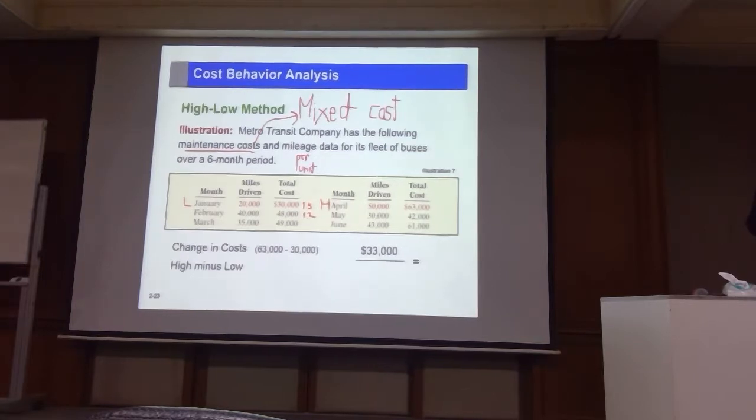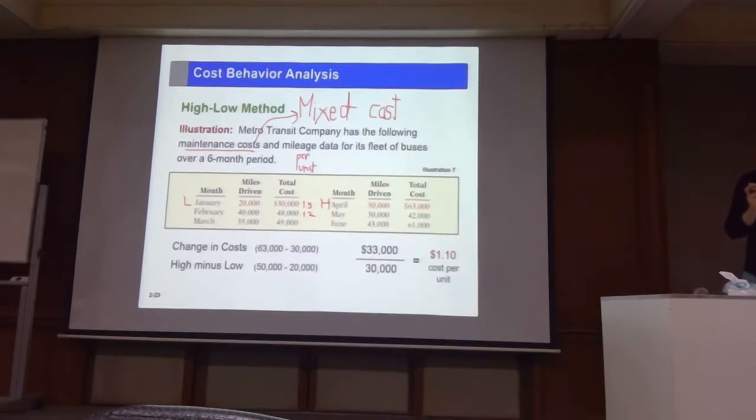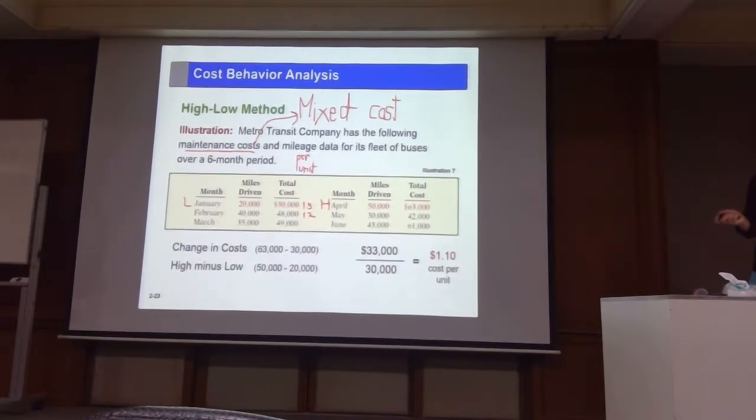And how about the difference in activity level? 30,000. Okay. So after you compute this, you can find the variable cost per unit. This one is 1.1 per unit, so this one is 1.1 per mile driven, right?